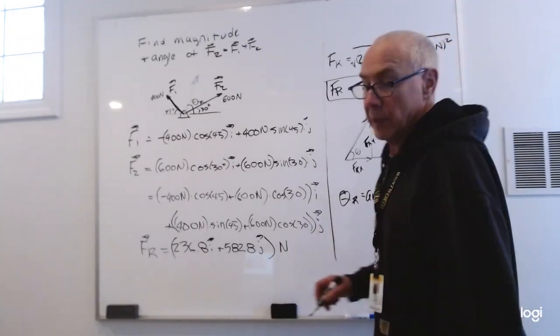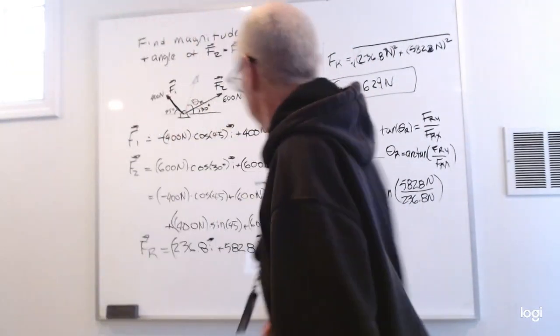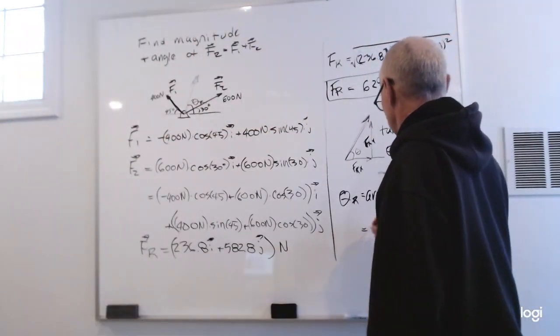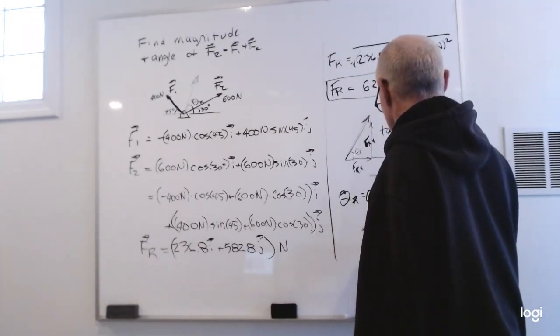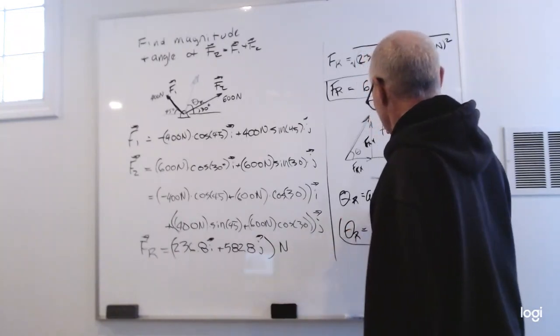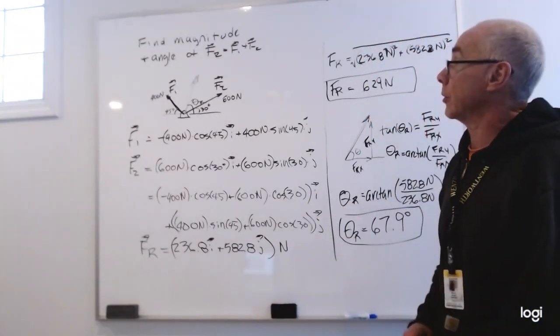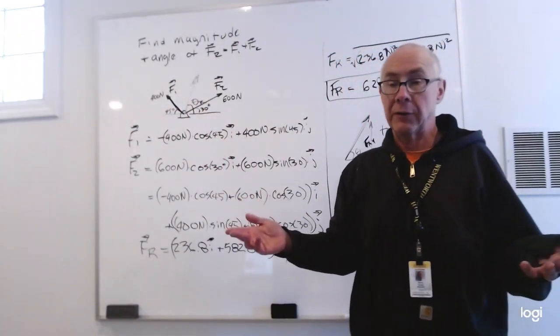And the end result is, I'm going to look it up, 67.9 degrees. That's the angle, theta R, and that's the result. So we were looking for the magnitude and angle of that value, and in fact, we found it.